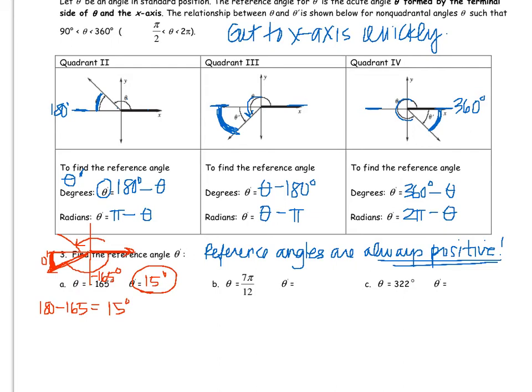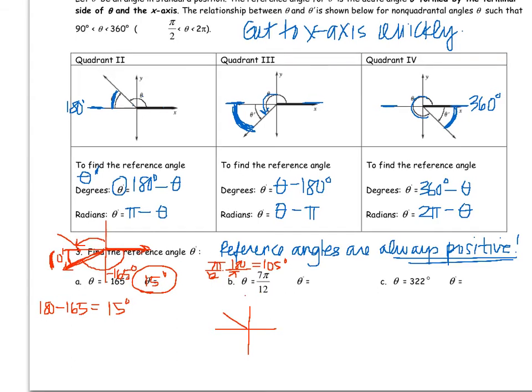Now, if they give you an angle in radians, we expect that your reference angle will be in radians as well. So I don't know what 7 pi over 12 is, but if I converted 7 pi over 12 by multiplying by 180 over pi, what you would find is that it's 105 degrees. And so if I draw a picture, 105 is not that far.